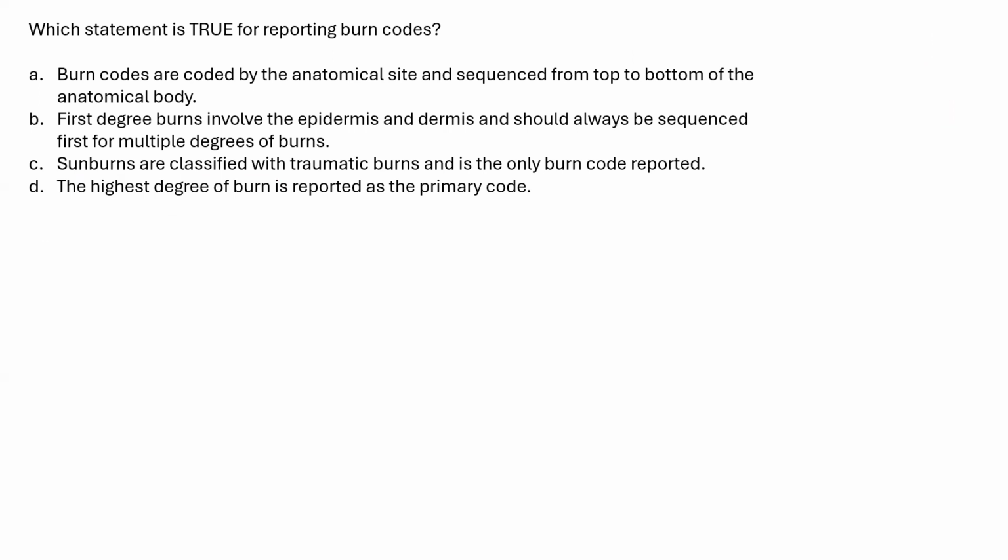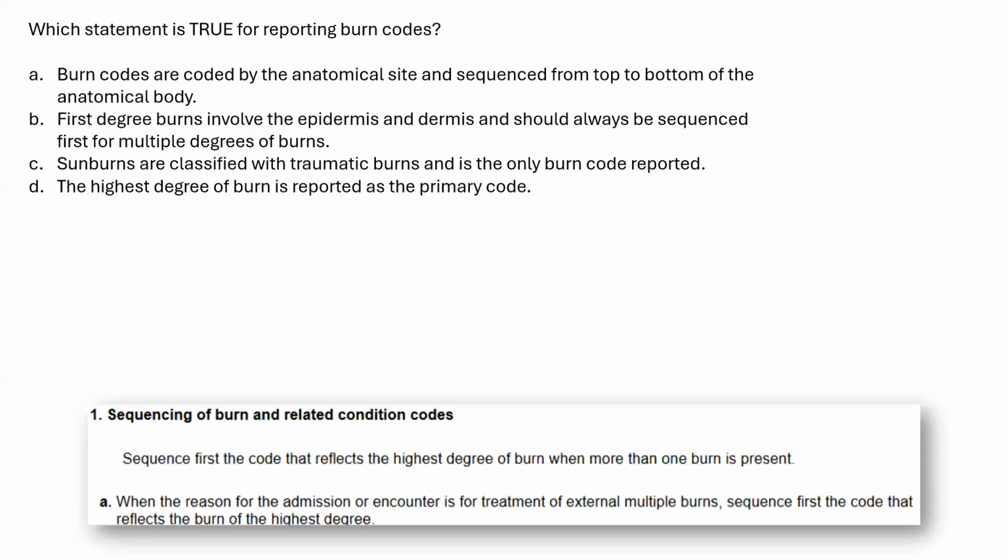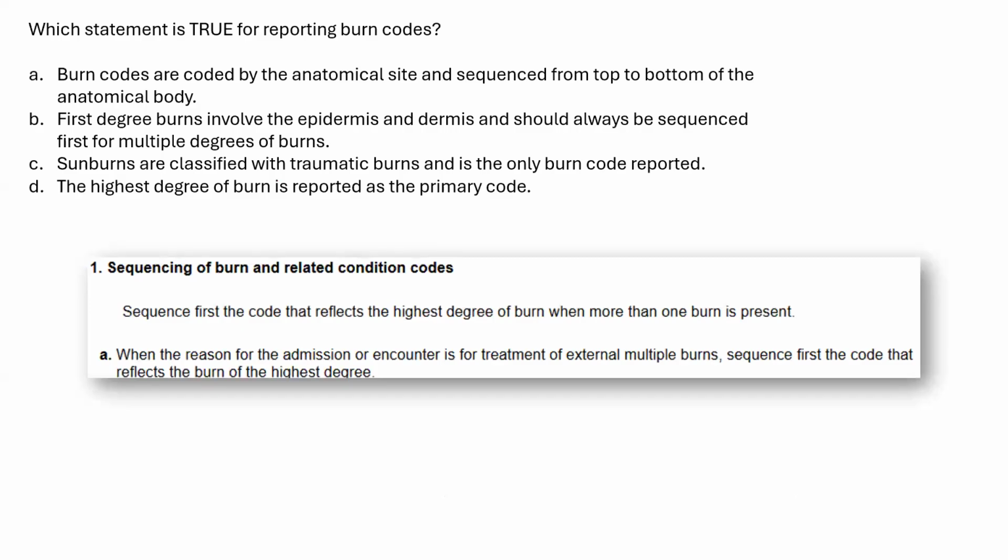C, sunburns are classified with traumatic burns and is the only burn code reported. Or D, the highest degree of burn is reported as the primary code. In the ICD-10-CM guideline 1C19D1 instructs you to sequence first the code that reflects the highest degree of burn when more than one burn is present.